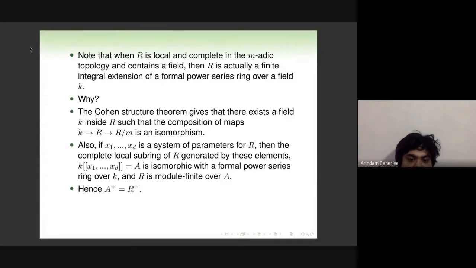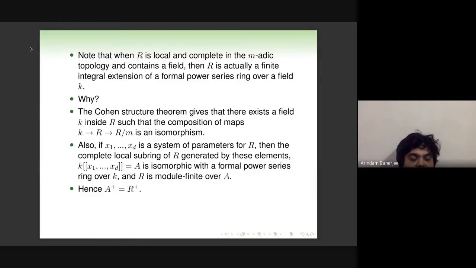Hence, A plus is the same as R plus. This is a very subtle point. It essentially says that it's enough to study formal power series rings only. So if you want to study these R pluses, then it's enough to study these rings only. And so that will make our next main theorem that we are going to discuss.